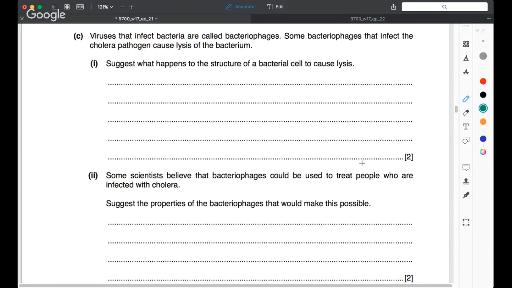Yeah, so if this bacteriophage destroyed the cell wall of a bacterium, the bacteria loses its ability to regulate water transport, you can have a huge amount of water entering the bacteria, and that could be what's causing the lysis. Those are the kind of points that they want you to touch on there.